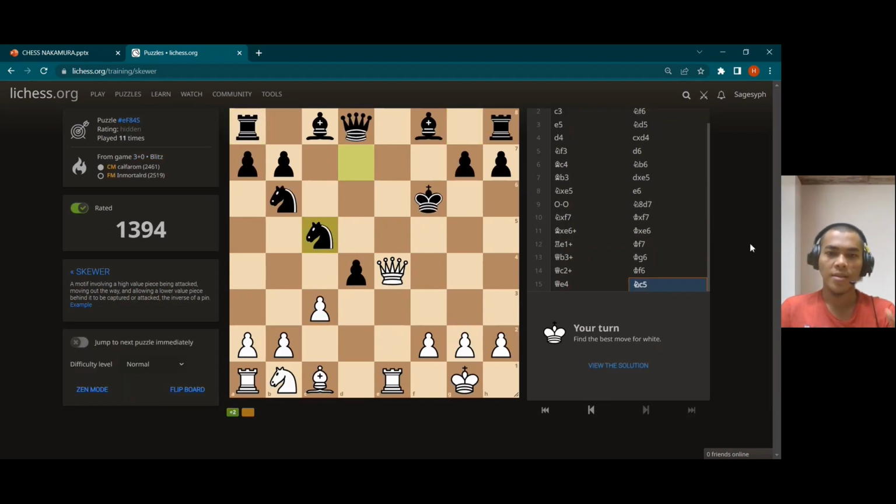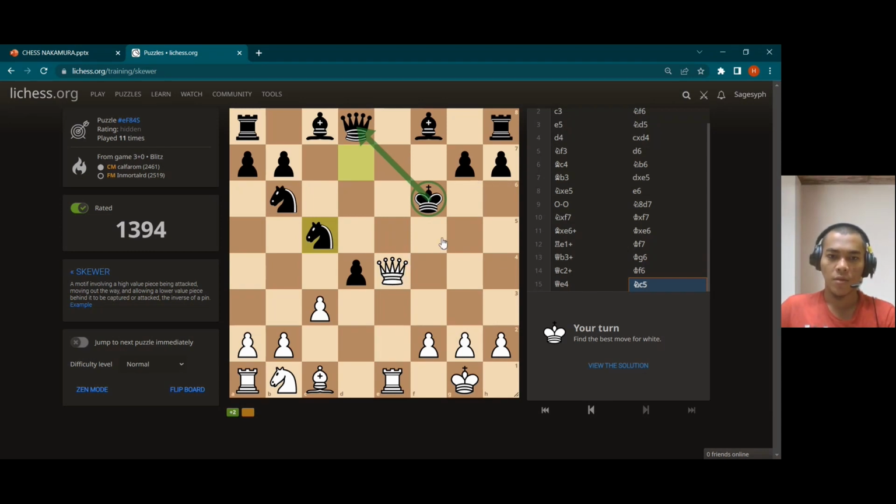And this is also an example of the absolute skewer. So we can see that the king here is aligned diagonally to the queen here, and the queen is unprotected by any other pieces. It is unprotected. The bishop is not protecting it. The bishop here is not protecting it, and also other pieces are not protecting it.